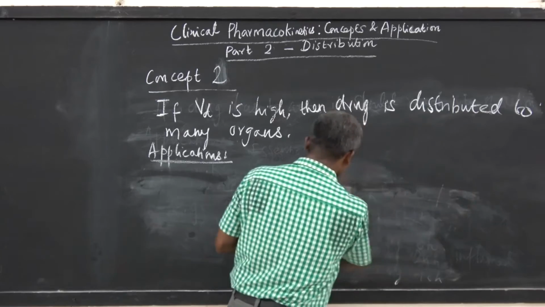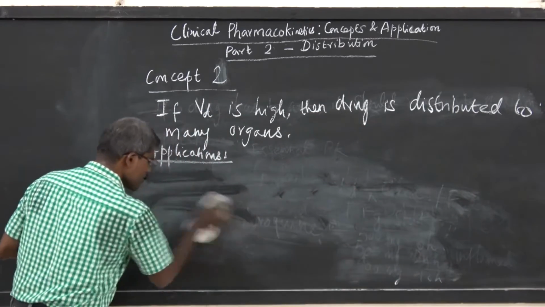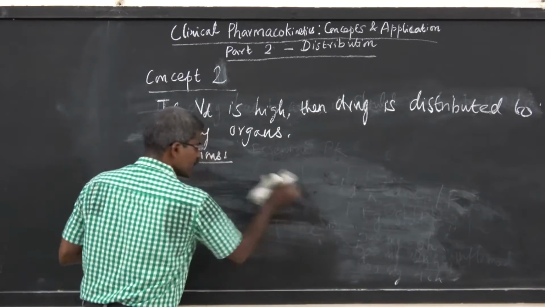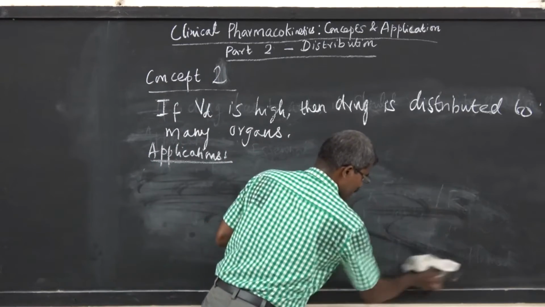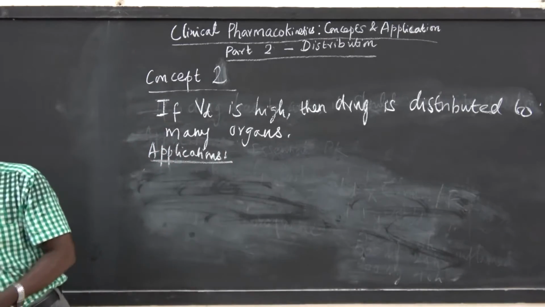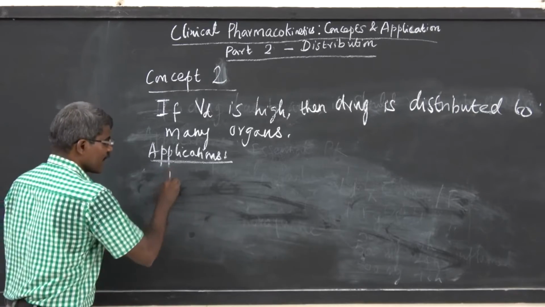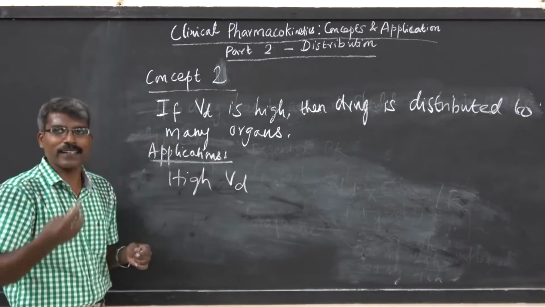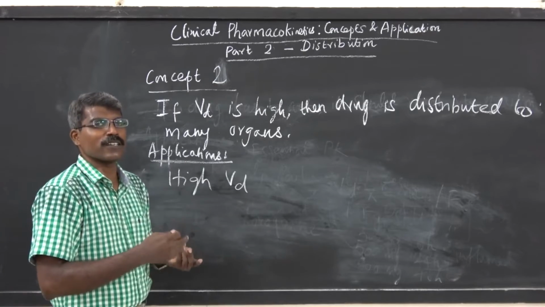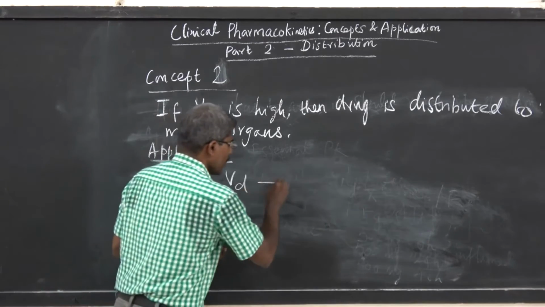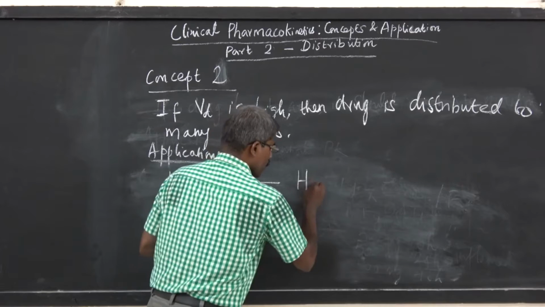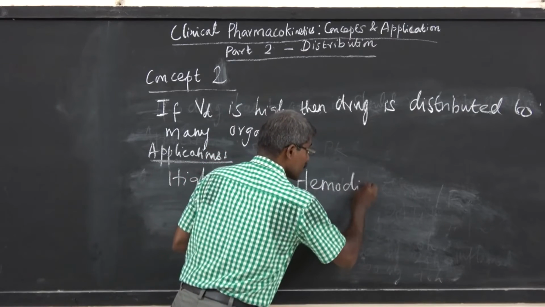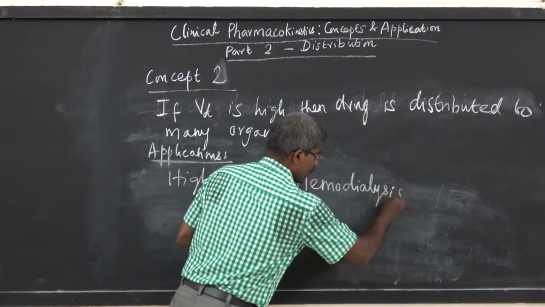Now, let's see the second application. Why should a physician know about volume of distribution? The second application is that for drugs with high VD, if a patient has been poisoned or if a level has gone high, hemodialysis will not help.